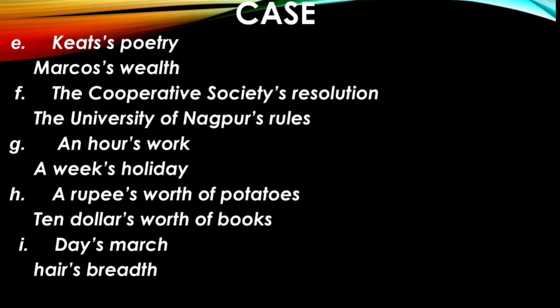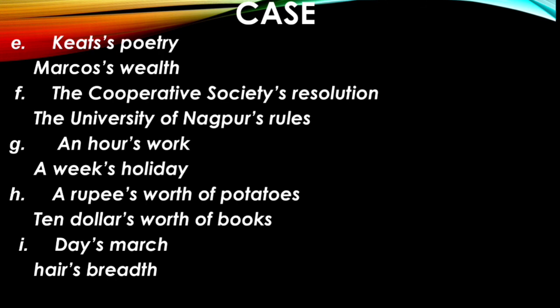I hope you are getting it. And look at this, Keats's poetry, Marco's wealth. Here Keats is singular, but there is only one hissing sound. That is why we add S along with the apostrophe. So if there is only one hissing sound, add apostrophe S even after a word ending in S.